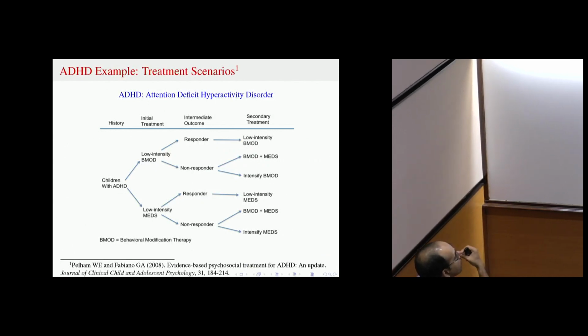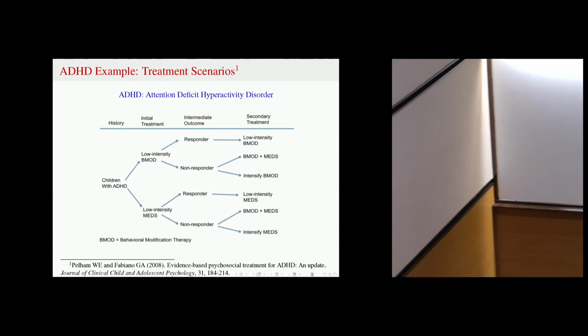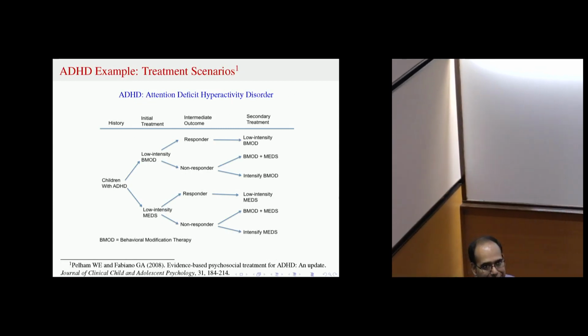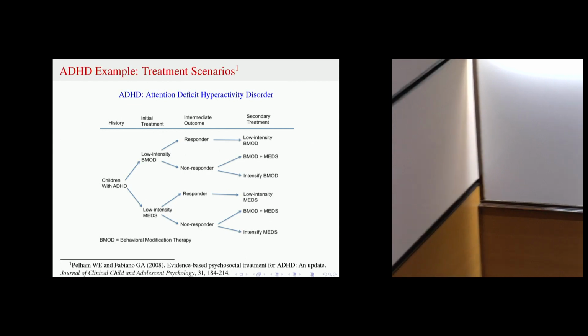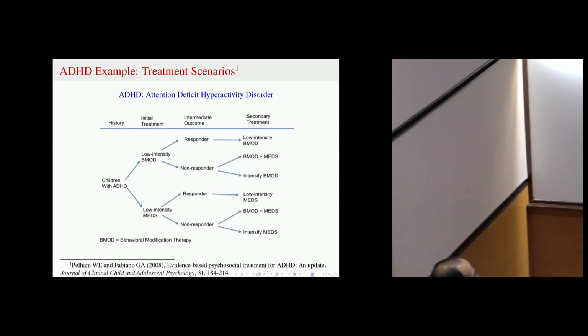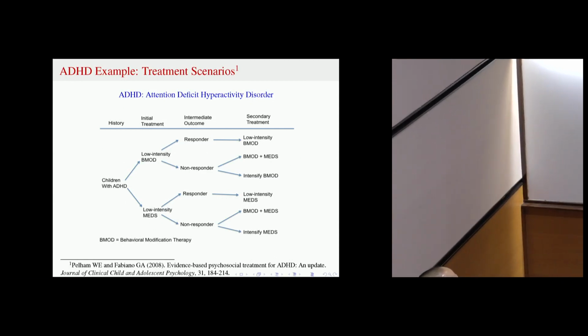Okay, so here is one example from a disease called ADHD, attention deficit hyperactivity disorder, more of a pediatric kind of condition. So here we talk about the different treatment scenarios, right?